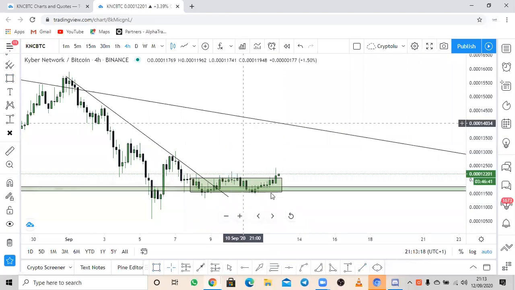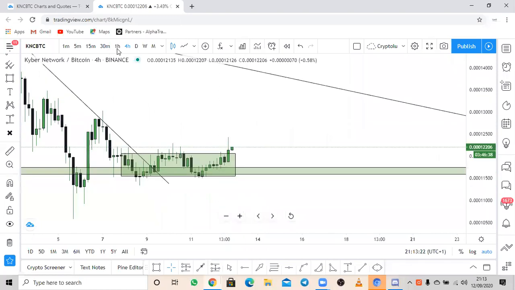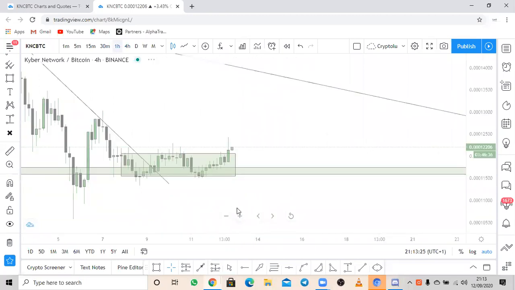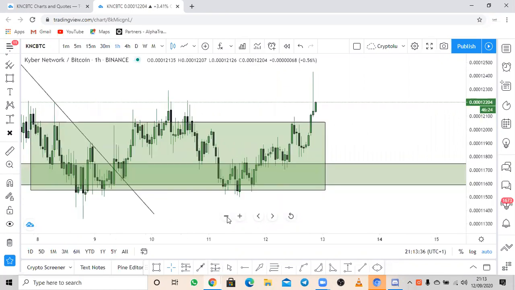And also another thing is that, let me go down to the 1 hour. We also had a double bottom pattern. This currency is actually a very long time coin that shouldn't be played with. Okay. So we had a double bottom pattern.